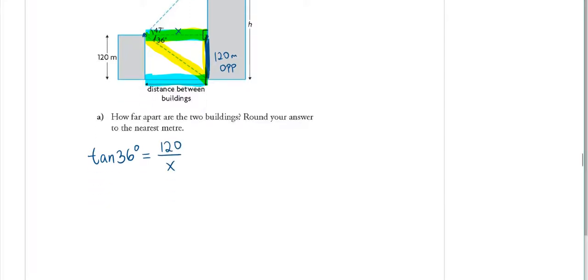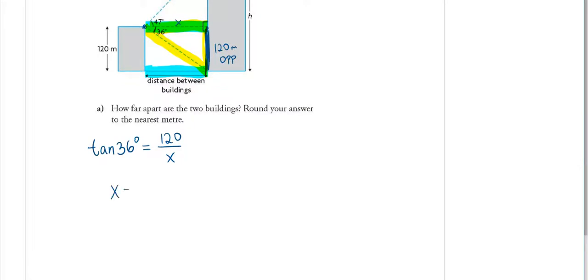And solving for x would be 120 divided by the tangent of 36 degrees. I'm simply multiplying both sides by x and then dividing both sides of the equation by tangent of 36.